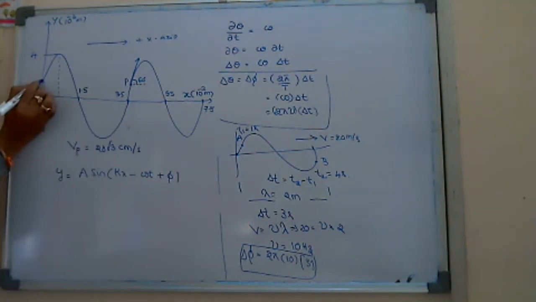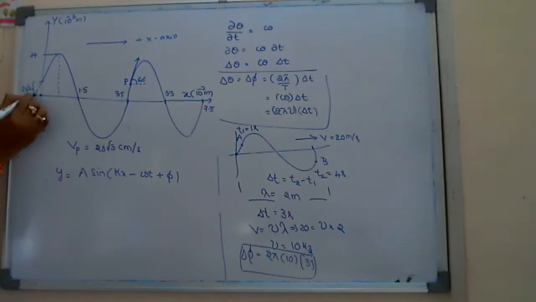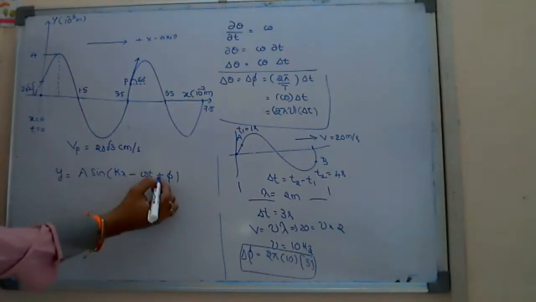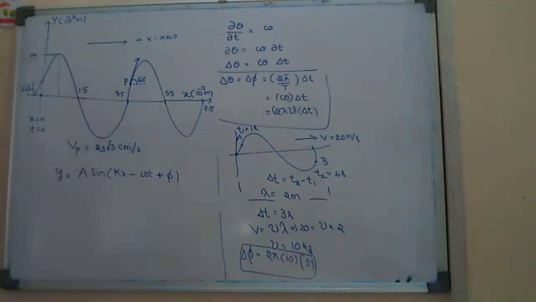If I extend it backwards, the sine wave is above the positive x-axis. Already I told you it is plus phi, not minus phi, and in that form we have to write it.